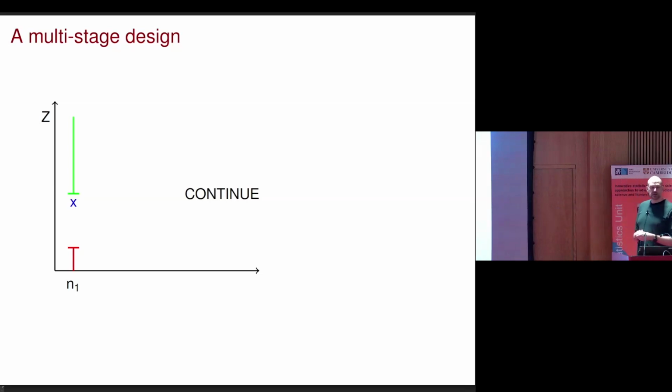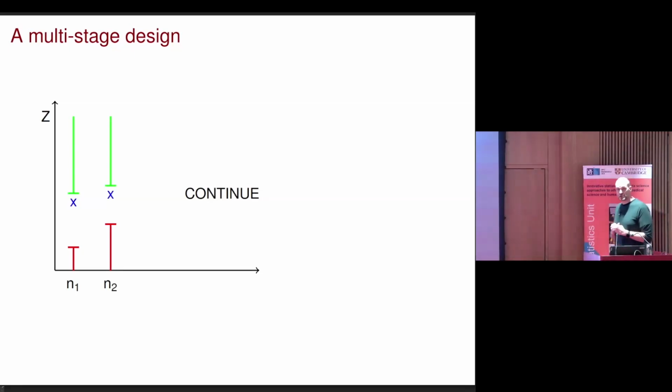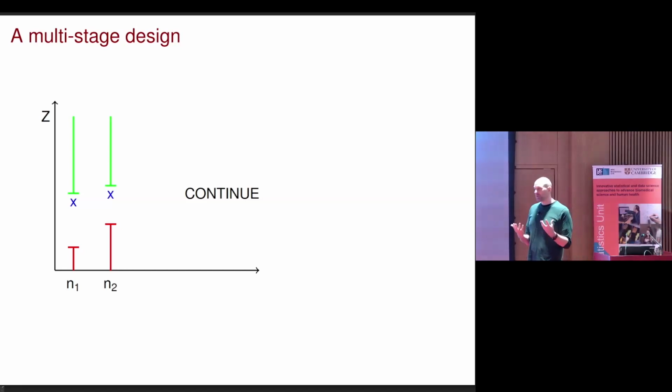If, such as in my illustration, my comparative statistic falls between those two values, the conclusion is need more data. And so, in this case, I'm going to collect additional data until I have a total of N2 patients. Again, I'm going to calculate my comparative statistic and once more compare against my green and red boundaries.